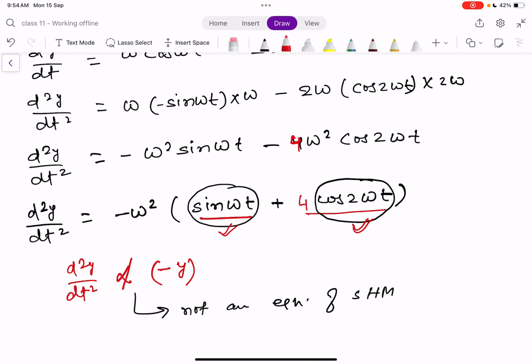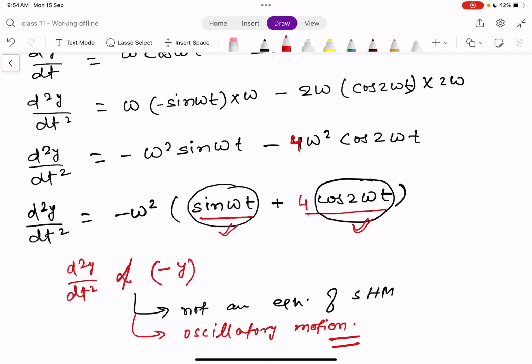Here the frequency is omega as well as 2 omega. Both functions have two different angular frequencies. So basically this is a superposition of SHM of two different frequencies. It is not an equation of SHM, it is oscillatory motion.